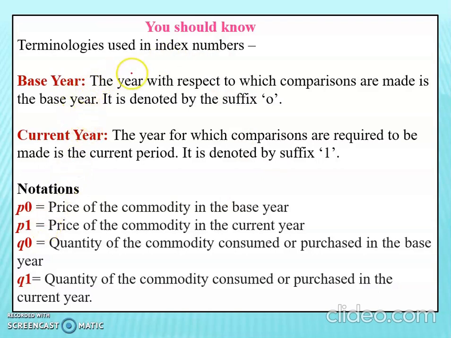See students, we are calculating with the current year and the base year, right? So when we take the base year for comparison, it is denoted by suffix 0.